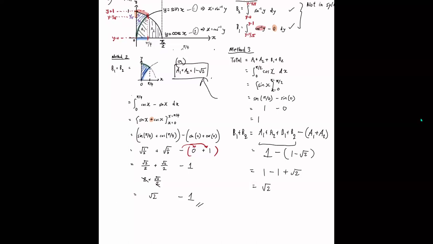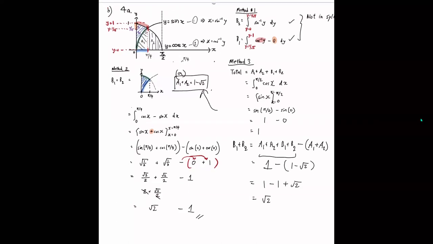Cosine minus sine 0 to the power of 4. Hold on a second.